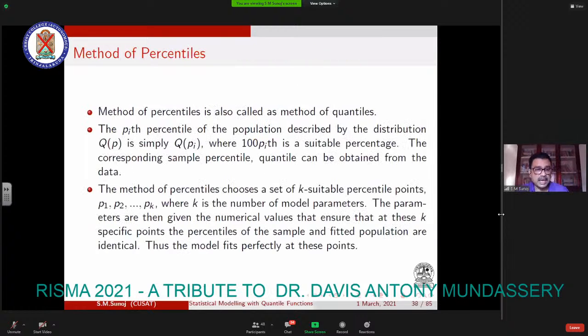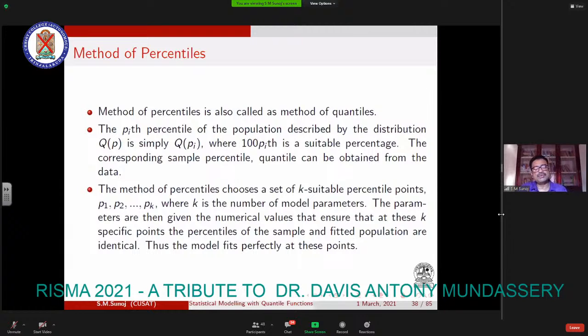And the method of percentiles is also used as a method of quantiles. The pth percentile of a population described by the distribution is simply Q(P), where 100 times P is a suitable percentage, and the corresponding sample percentile can be obtained from the data. Sometimes you take, say, the 10th percentile and the 50th percentile; in our research papers also we have used this method of percentiles to estimate the parameters. For example, suppose the model contains 3 parameters.